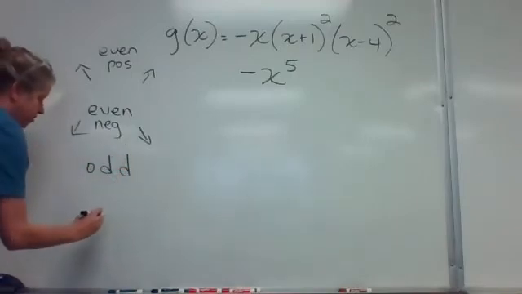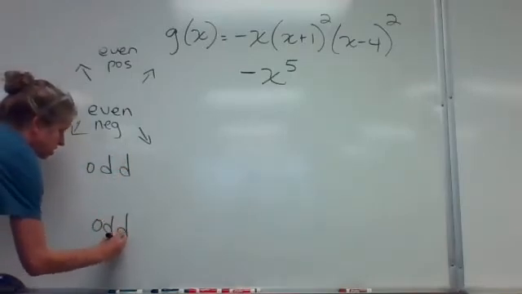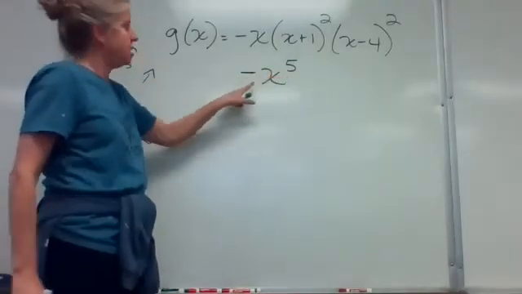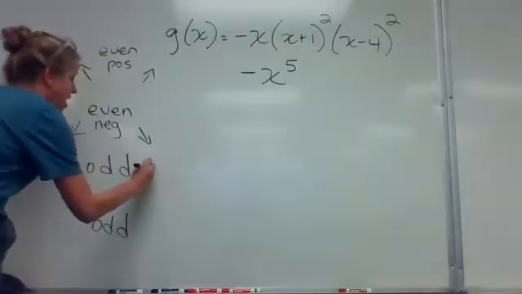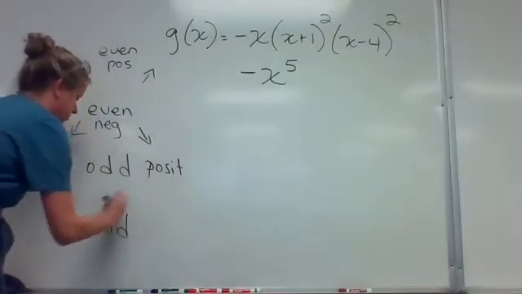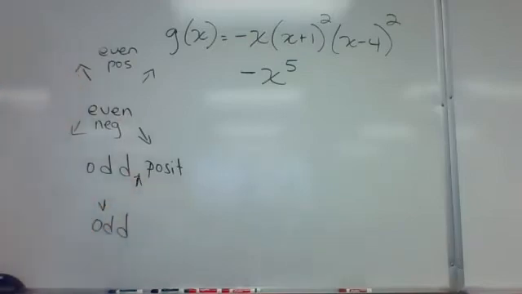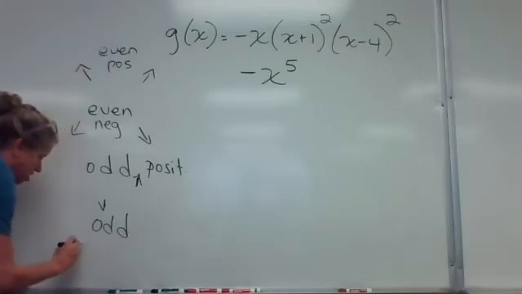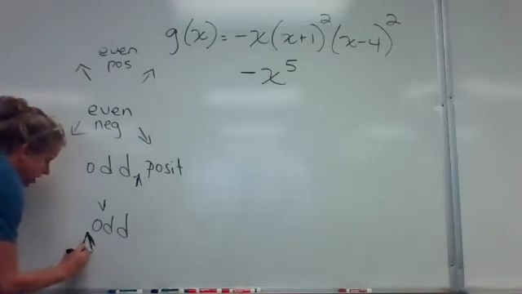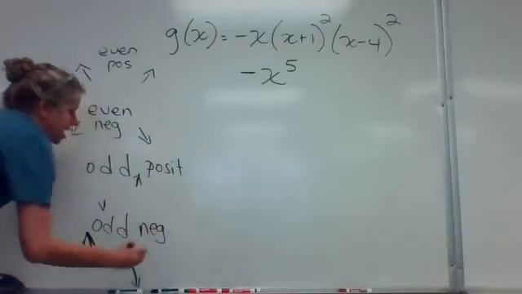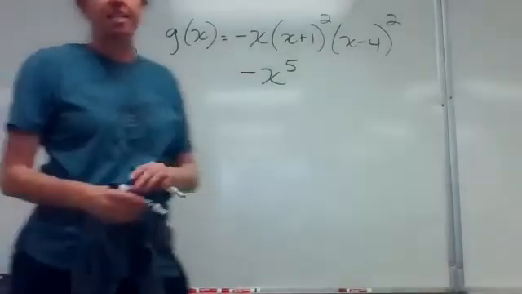The odd behaviors, if your exponent is odd, which this one is, but your term is positive, you're going to start at the bottom and end at the top, from the left to the right. And then opposite of that here. Here you're going to start at the top and end at the bottom if you're odd and negative, which is what this is, right?